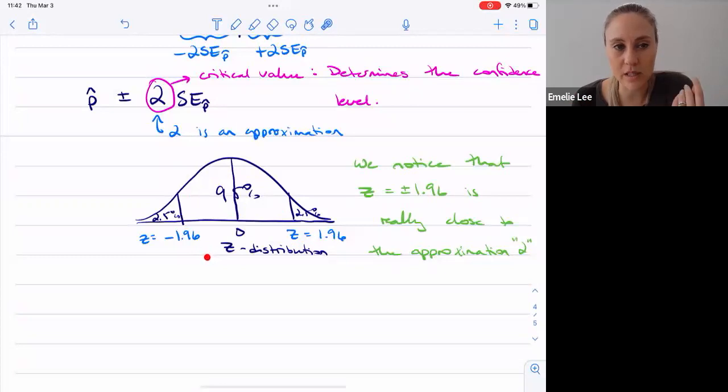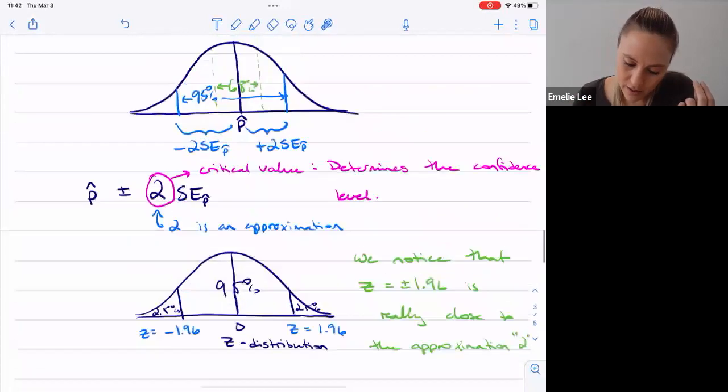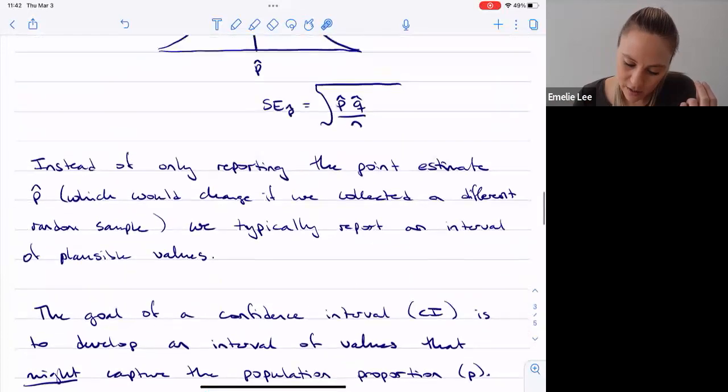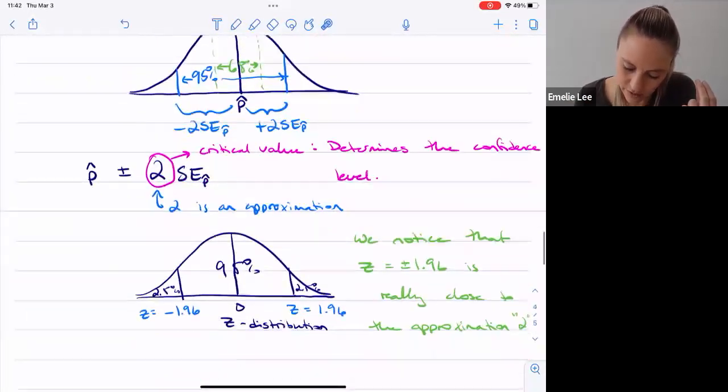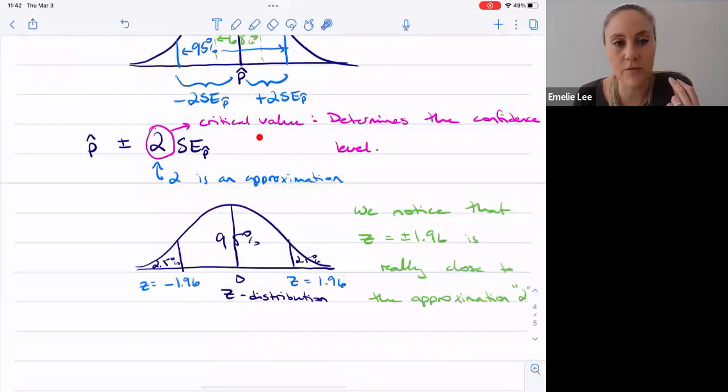And so what we're going to do is denote these critical values. Now, where did I write that out? Oh, here. So the critical value is going to be denoted by Z star.